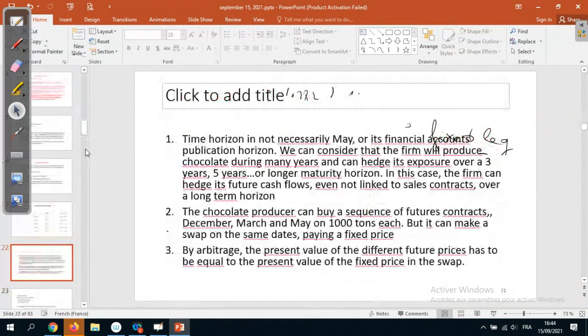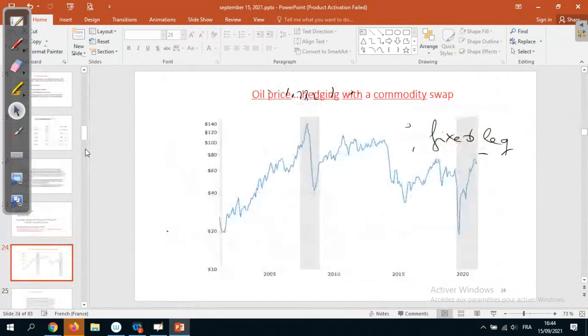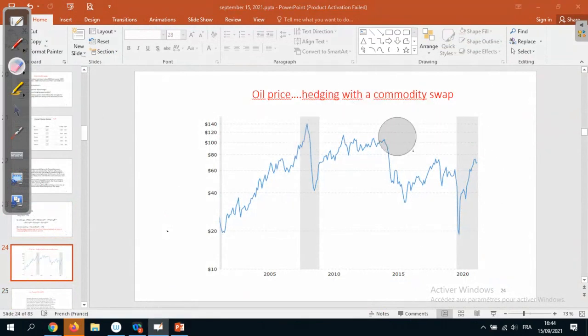With an interesting example. It's a true example, a true story I will explain. Look at the oil price in June 2008.